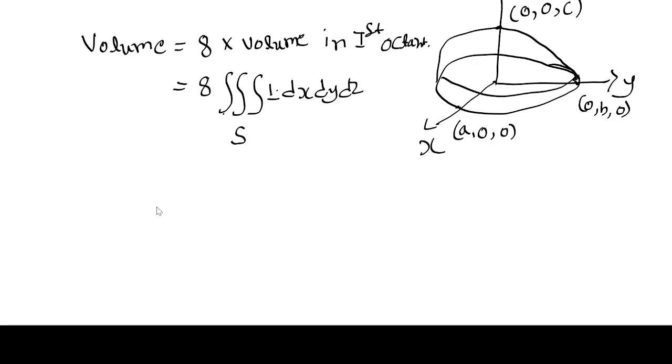Now this is equal to 8 times, I will take the order of integration as dz, dy and dx. That means first I have to integrate with respect to z, then with respect to y, finally with respect to x.